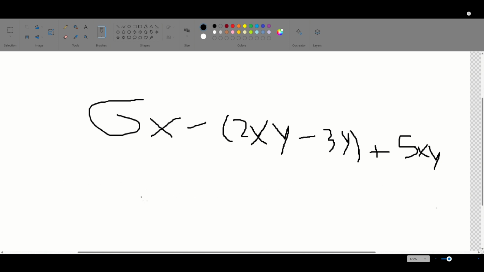So in algebra, you can rearrange the symbols. So what I'm gonna do is rearrange it. Over here, you can rearrange it, right? Okay. And since there's 2 minuses over here, 2 minuses multiplied is equal to a positive.